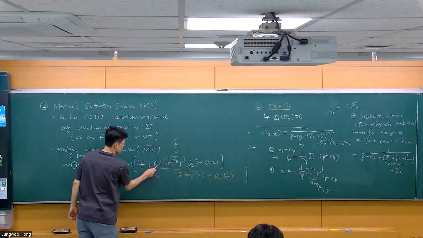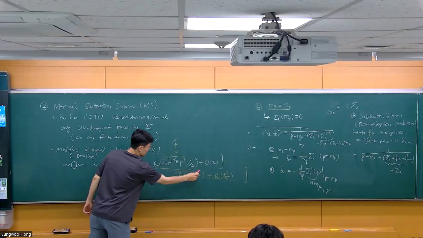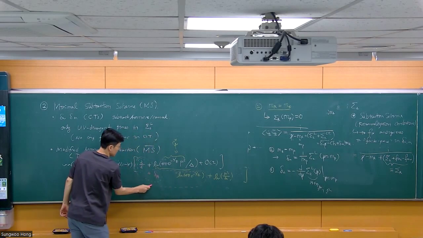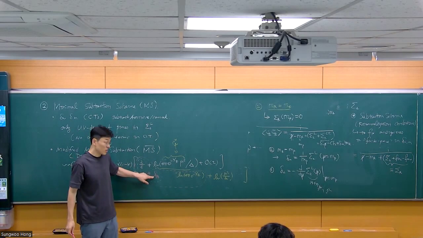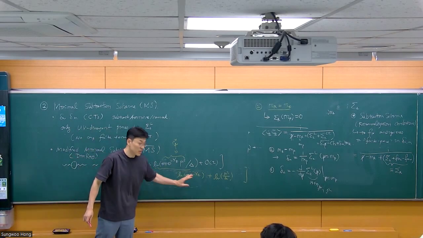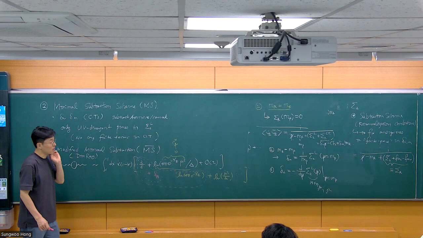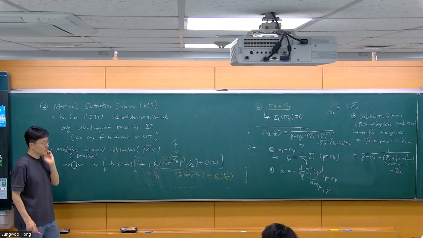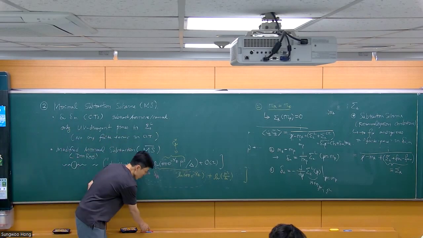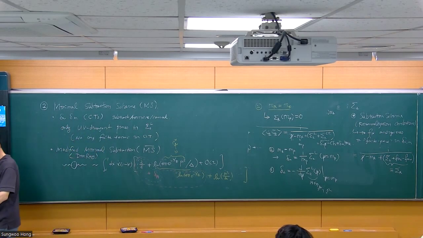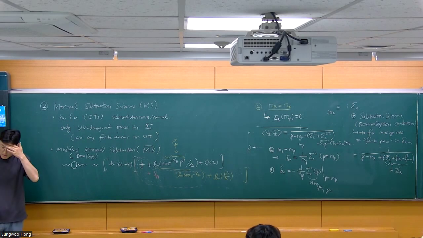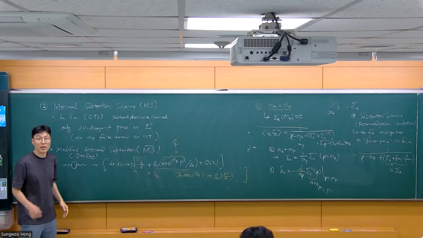So in addition to the 1 over epsilon, which is the UV divergence, you always add this thing to the counterterm such that you always get rid of this piece. That thing is called MS bar. Okay, so it's almost MS, but it just gets rid of the universal numerical factor that you always have in dim reg. Okay. Okay, so any questions so far?